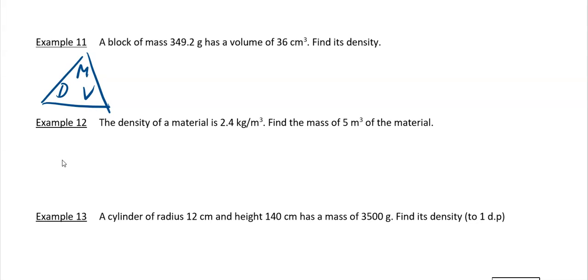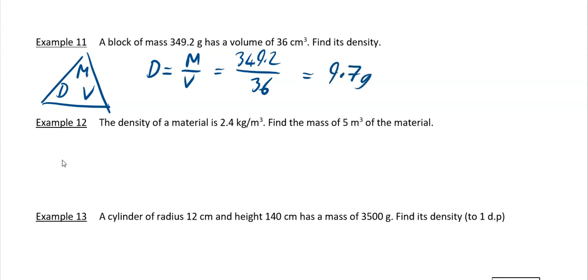We're trying to find its density. So cover up the D, and what you're left with is M on the top and V on the bottom. And then we're just going to fill this in. So 349.2 divided by my volume, which is 36. And then you do this on your calculator and you will get 9.7 grams per centimeter cubed.